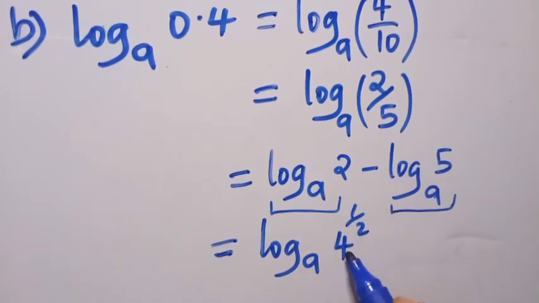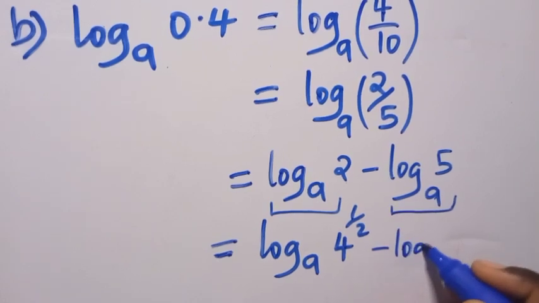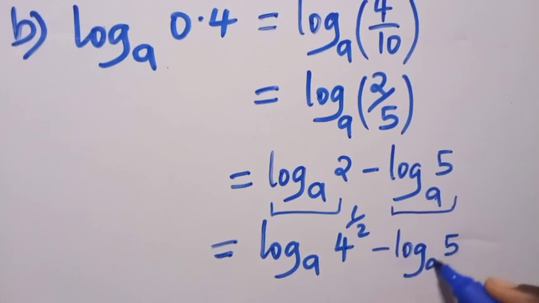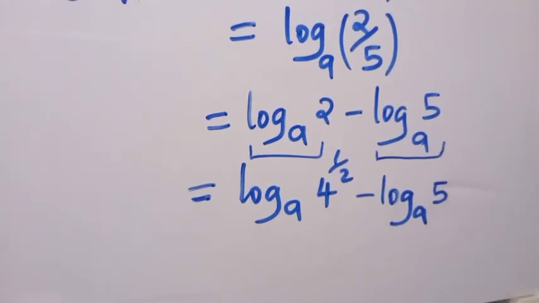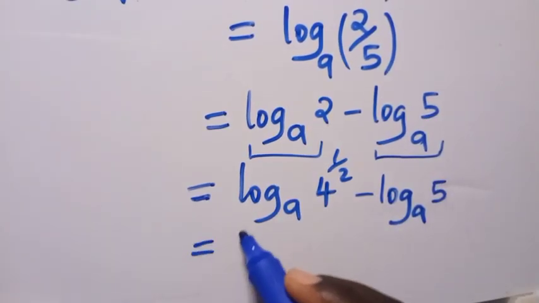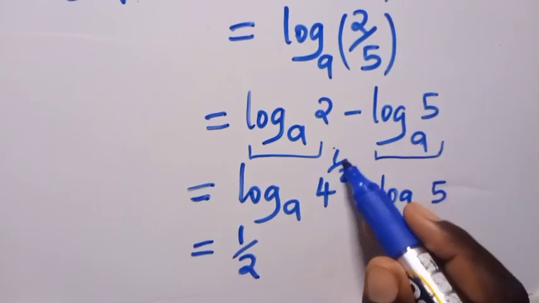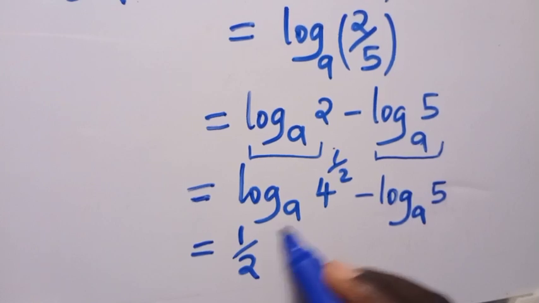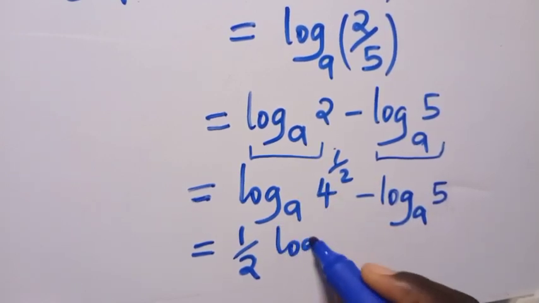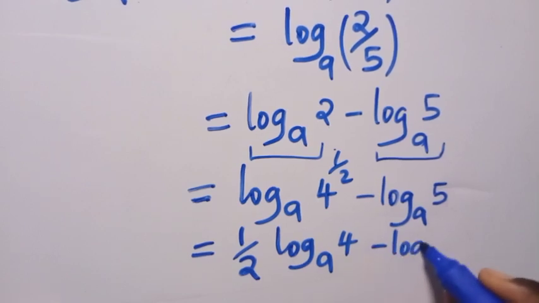Then minus the logarithm of 5 to base a. From the laws of logarithms, we can remove this power and put it in front of the logarithm sign. Therefore, this is a half log 4 to base a, then minus the logarithm of 5 to base a.